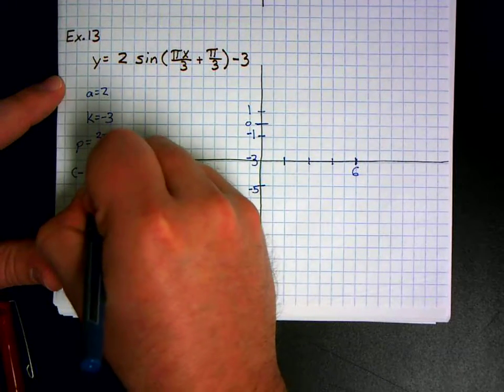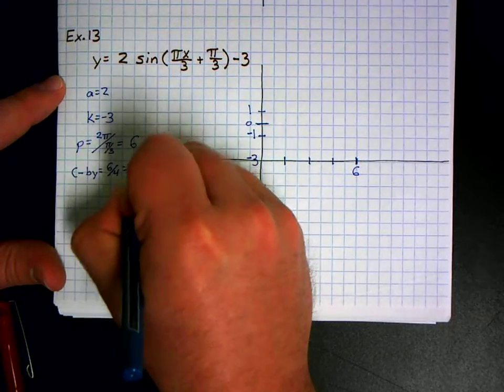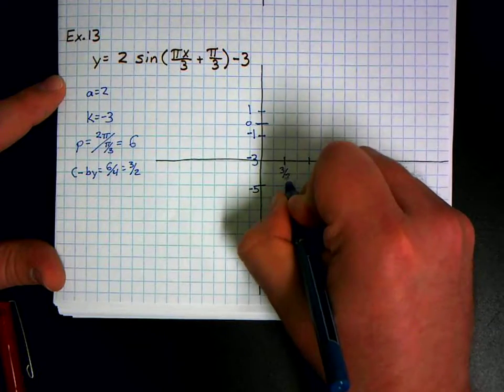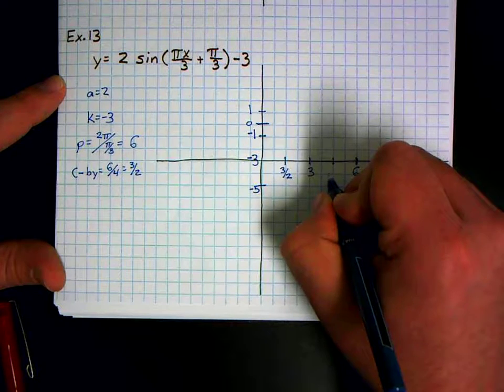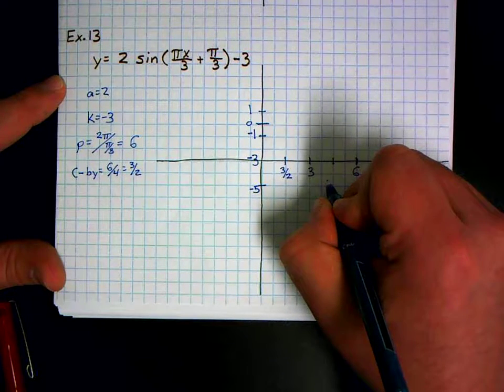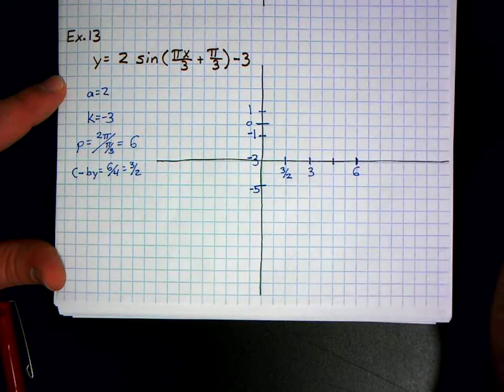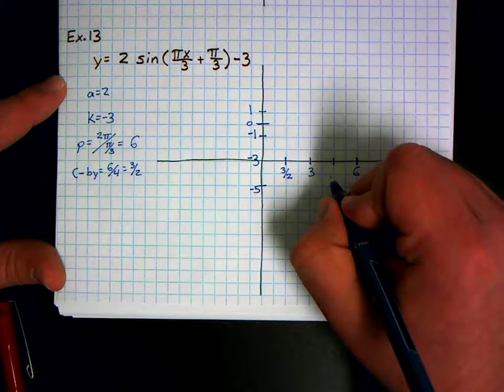My count by is going to be 6 divided by 4, which is 3/2 or 1.5. I can't take 3 plus, I know it's 4.5, but I want it as a fraction. 9/2, thank you.